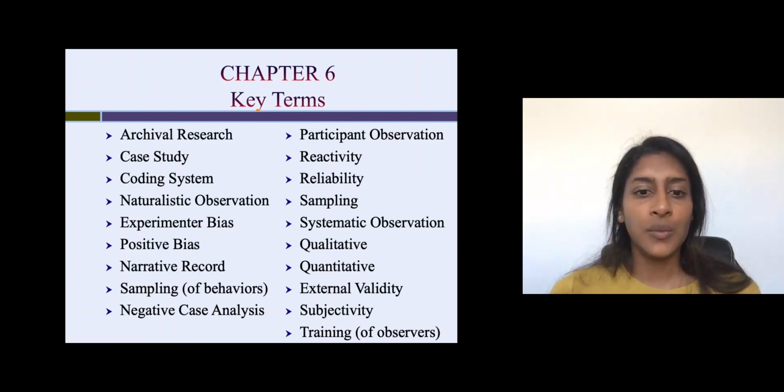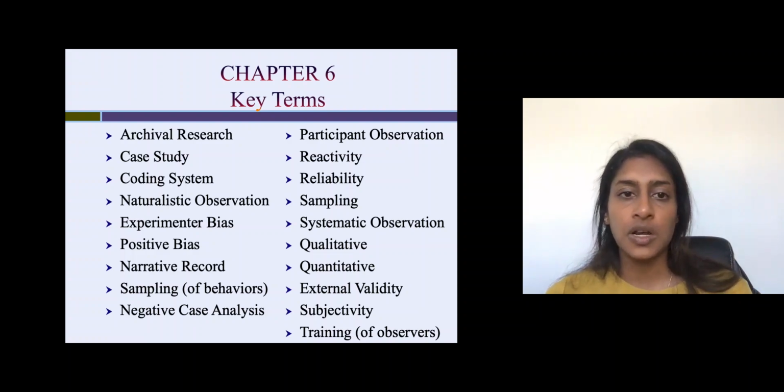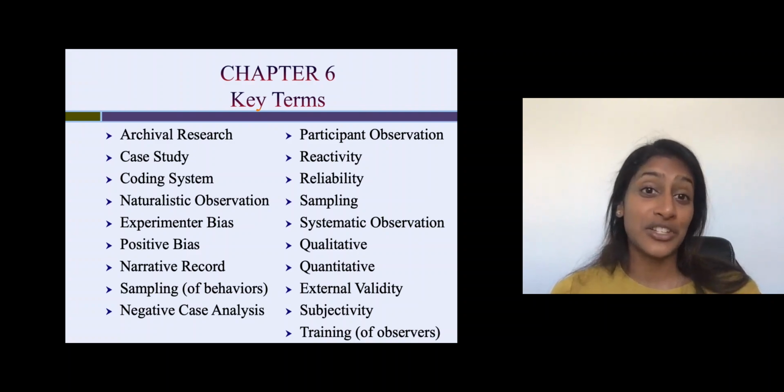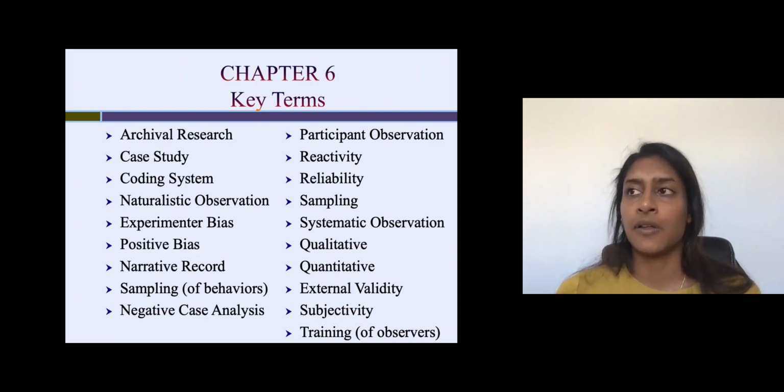I'll leave you here with some key terms for this chapter. For those of you who are really big into flashcards, I always post these at the end of your PowerPoints. I feel that they're a really, really great way to make sure that you really understand the different terms that are being used in this chapter. For each of these terms, I would make sure not only to write the definition, but also to give an example.